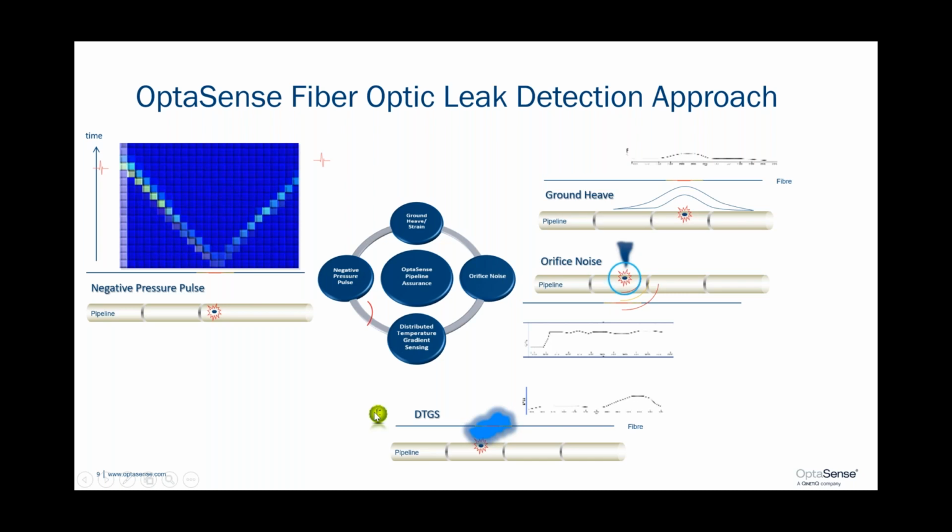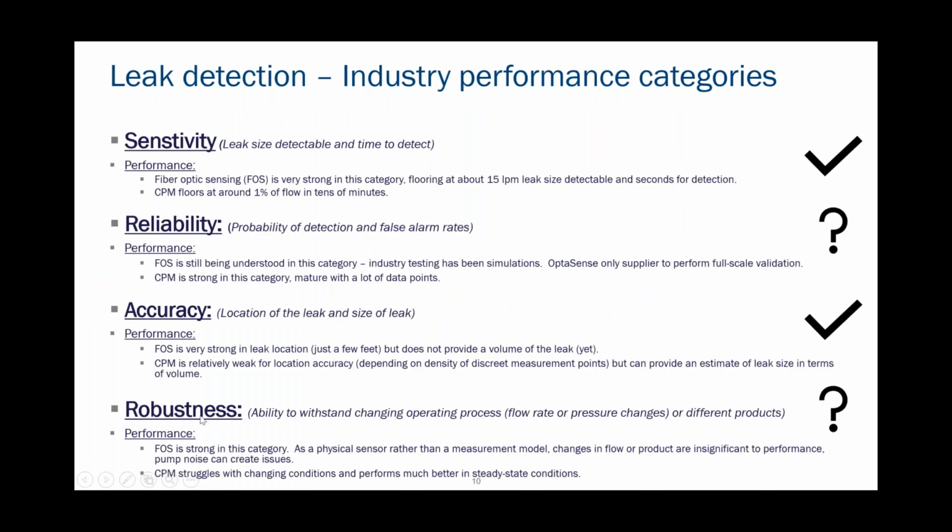Some of them, as you'll see through the presentation, operate quicker than others. Comparing to the industry standard nomenclature called up in the API recommended procedure: sensitivity, reliability, accuracy, and robustness.